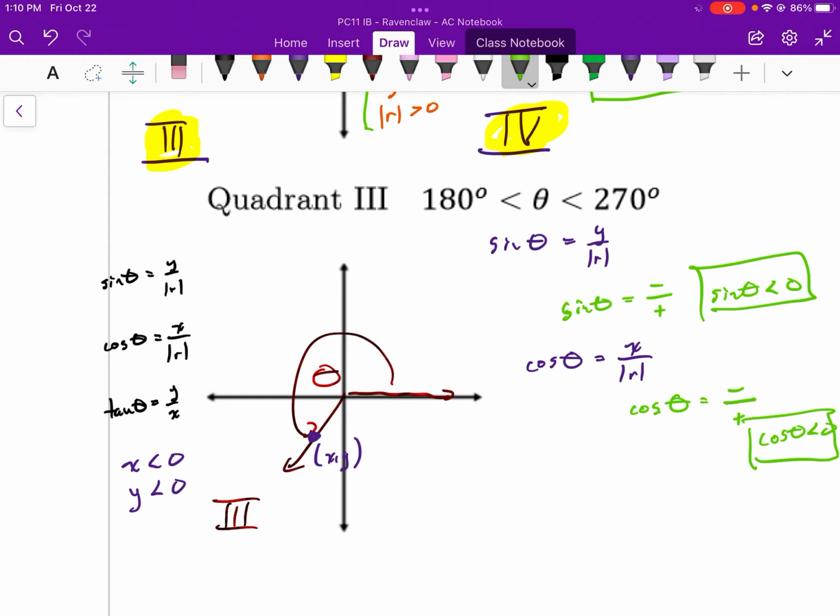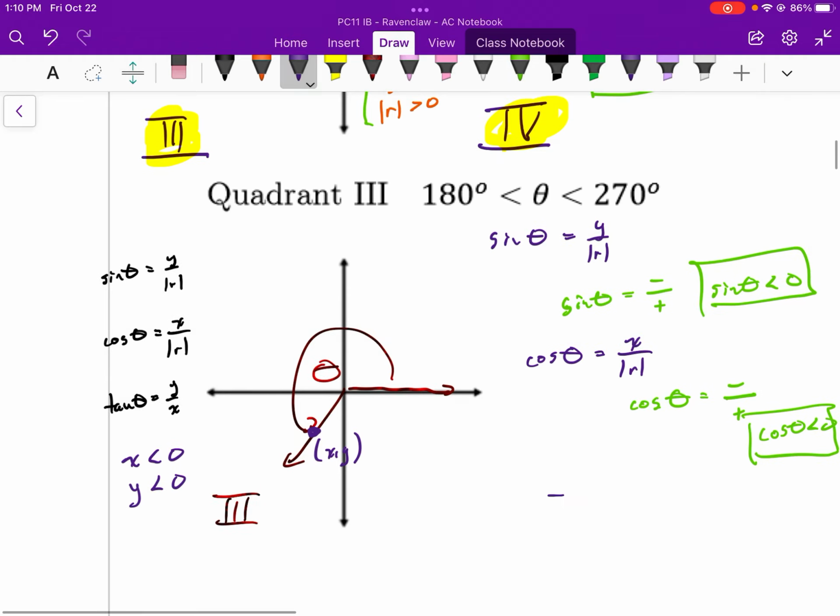And now my tangent theta. My tangent theta is y divided by my x. And when I take a look at this tangent theta, my y-coordinate is negative, my x-coordinate is negative. A negative divided by a negative is actually positive.